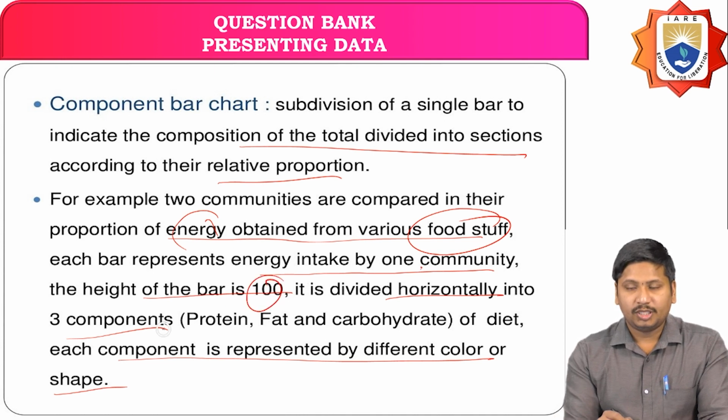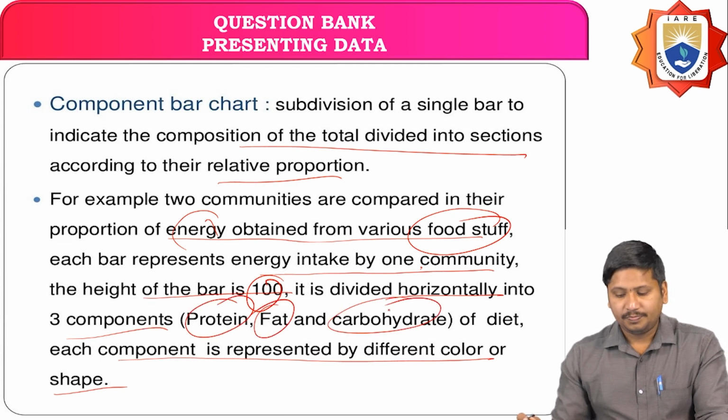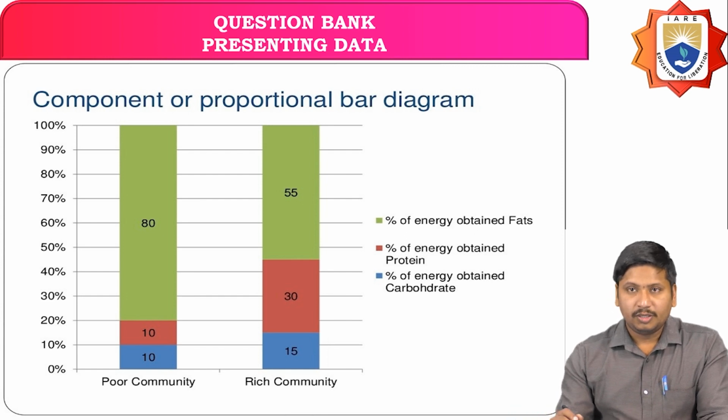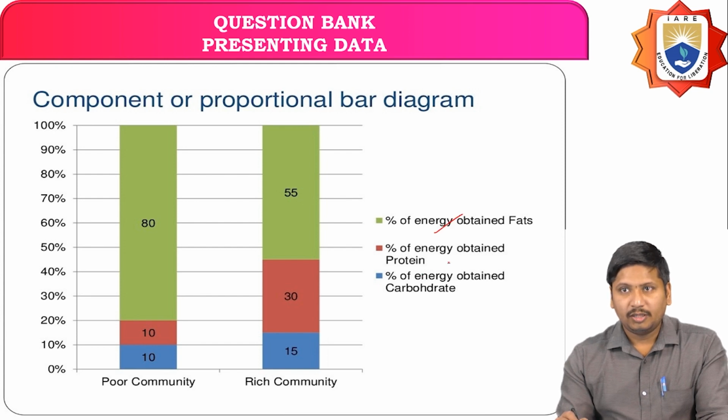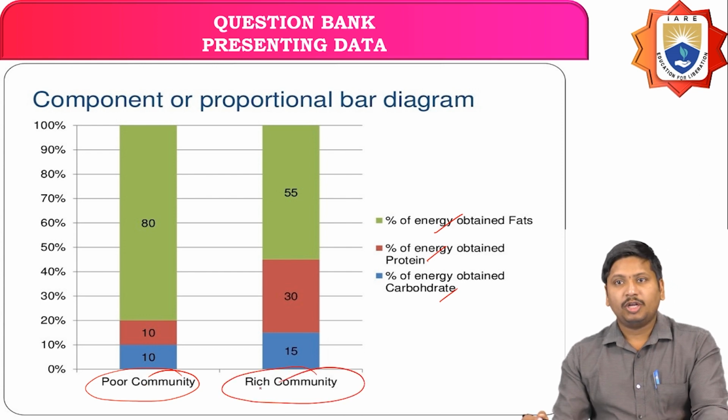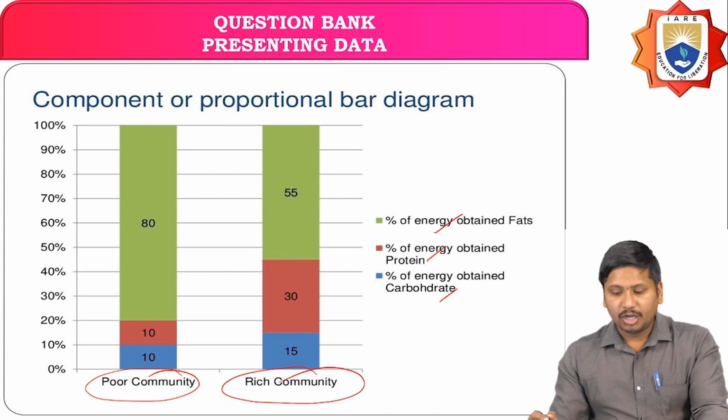There are three components: protein, fat and carbohydrate of the diet, represented by different colors. Take the percentage of energy obtained through fats, in green, the percentage through protein, and the percentage through carbohydrate. I want to compare how it is in the poor community and in the rich community.